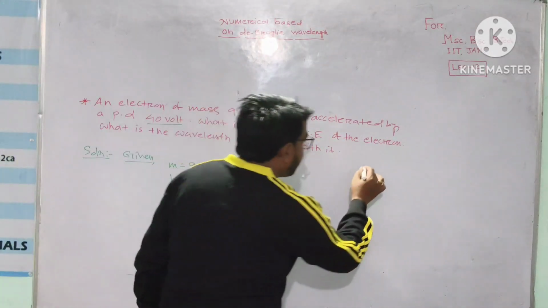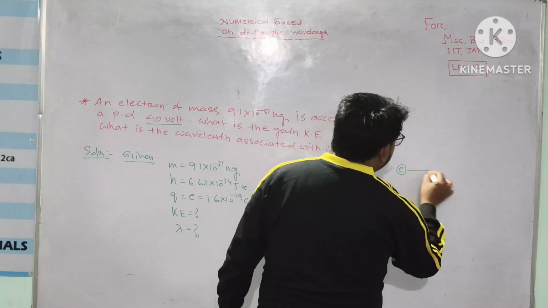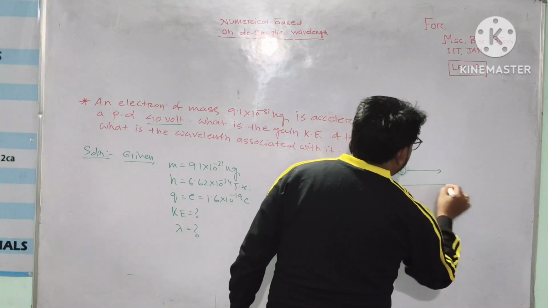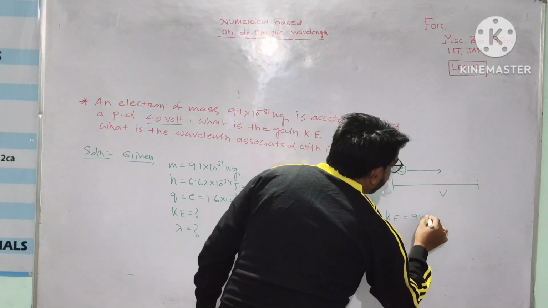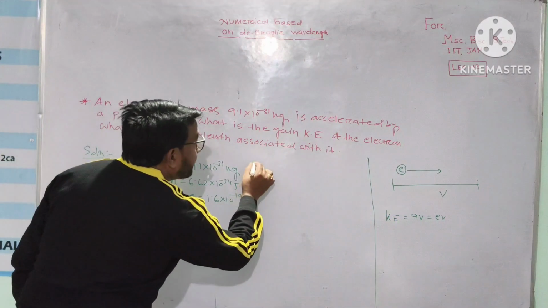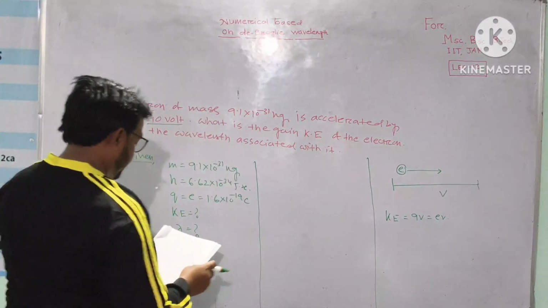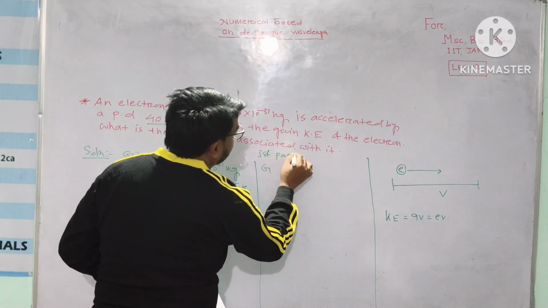A little bit of concept about the kinetic energy of an electron. Suppose an electron is accelerated through a certain potential, then we can write the kinetic energy of the electron is equal to qV, that means e into V. So from this concept we can write the gain of kinetic energy. This is our first part.